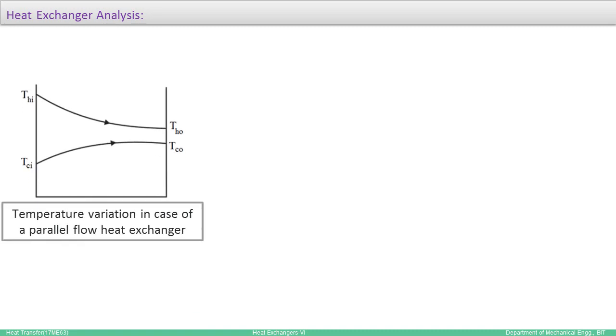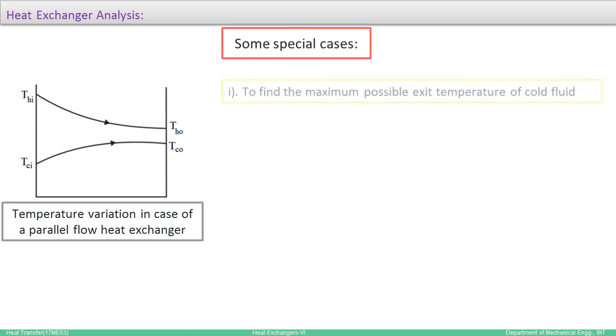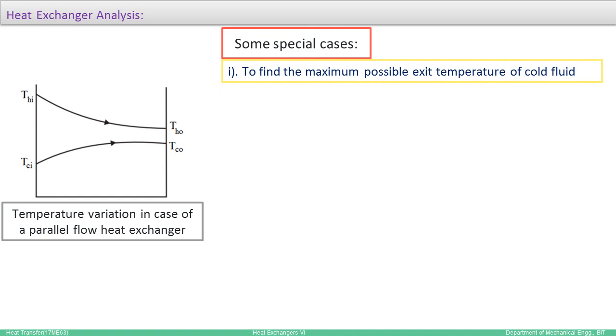And we have some special cases here. In case in any numerical problem the condition is asked, you can make use of this explanation. This is the normal temperature variation in case of a parallel flow heat exchanger. But if it is required to find out the maximum possible exit temperature of the cold fluid, that cold fluid can reach up to a maximum of Th naught.